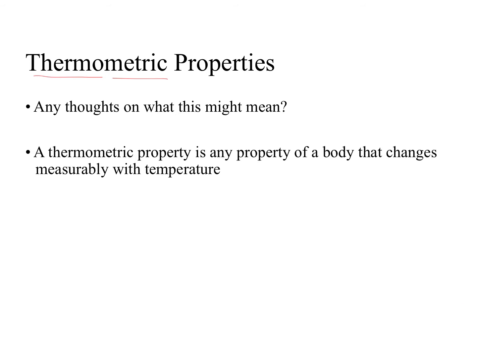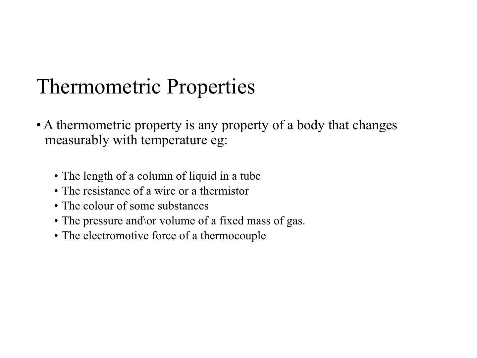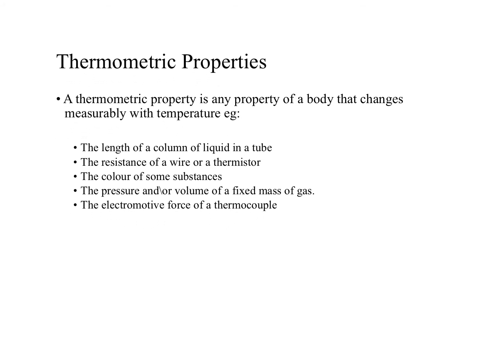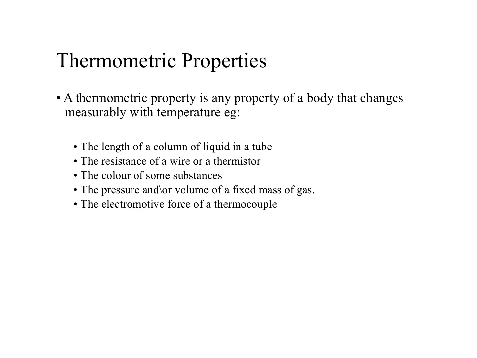Some of them you'll probably be familiar enough with already. Some of them might be kind of new and exciting, or maybe difficult to understand. Certainly at least one of them will be. So a thermometric property is any property of a body that changes measurably with temperature. So our examples of this are the length of a column of liquid in a tube.